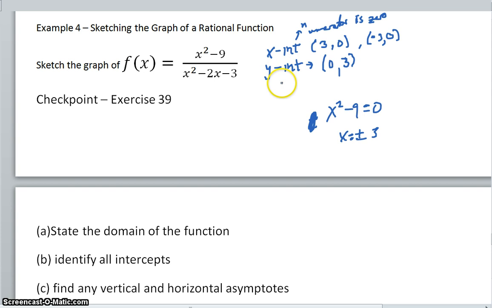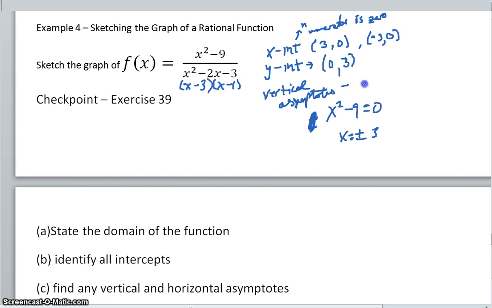So there's my x-intercepts. Vertical asymptotes are where the denominator is equal to 0. That's factorable. If you factor this, it's going to be x minus 3, x plus 1.